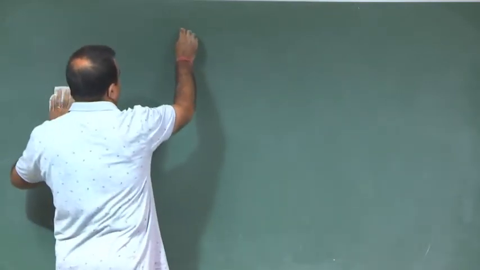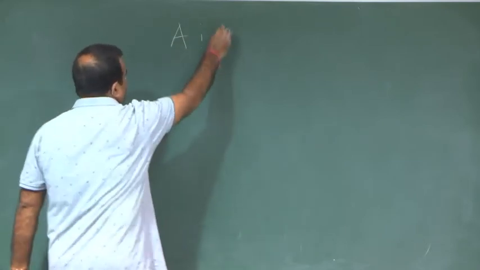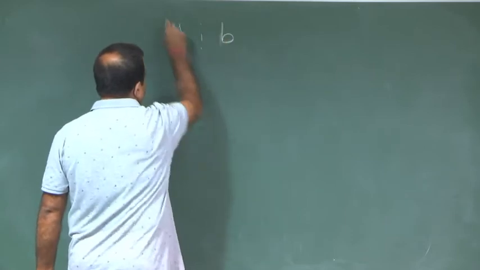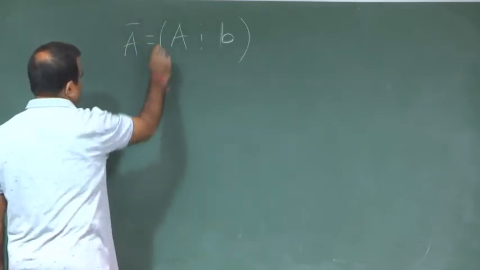Why is that so? Because if we have an augmented matrix, with a coefficient matrix A and a B, this is our augmented matrix.